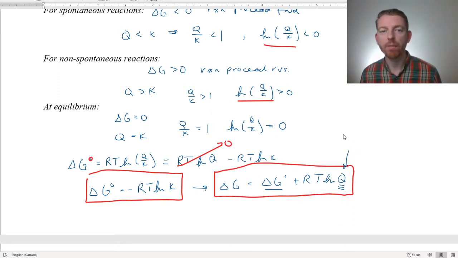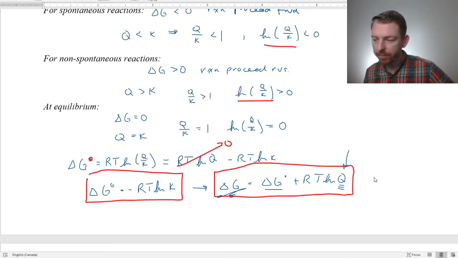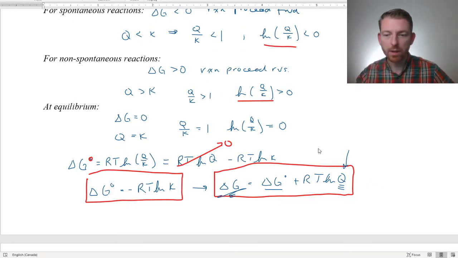If we were looking from an engineering point of view and saying, okay, we're going to maintain a concentration of these different values so that we can extract a certain amount of work from the system, how much work will we be able to get from it given these starting conditions? So these are the two equations that are going to be quite useful, so make sure that you have them at hand. And we can start off.